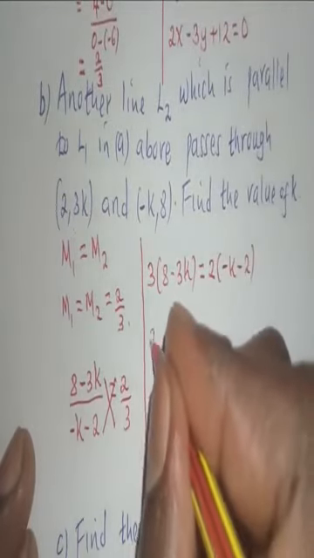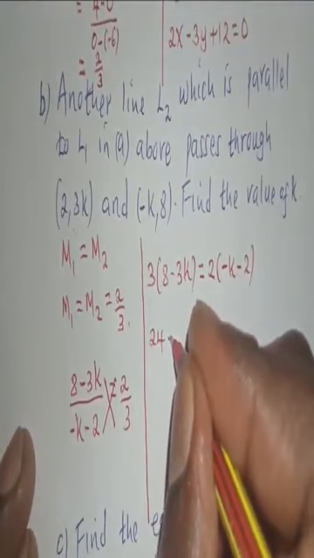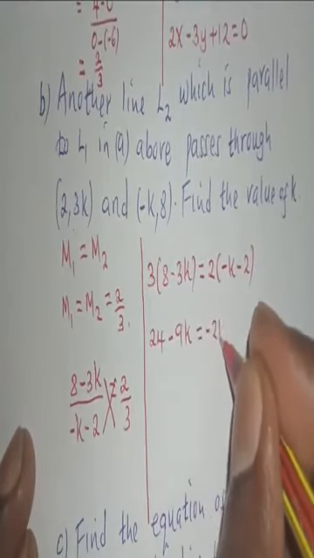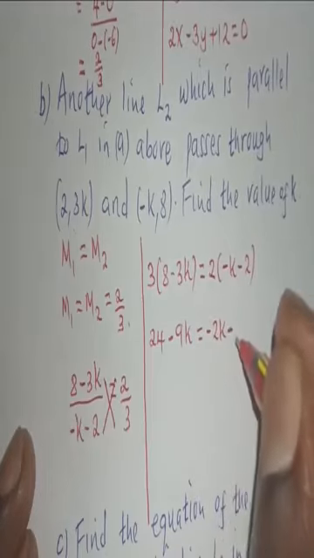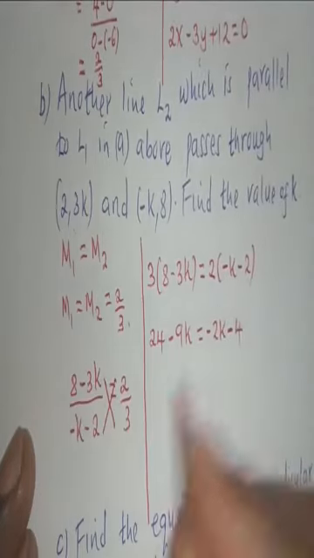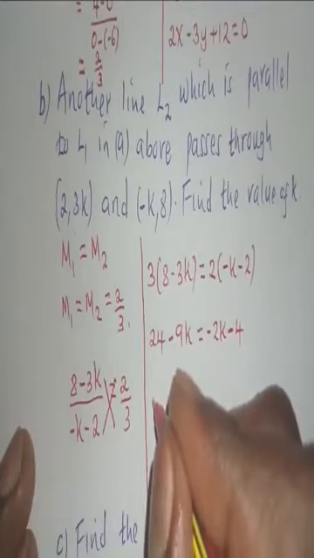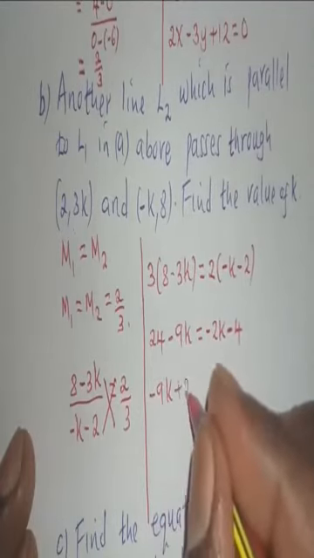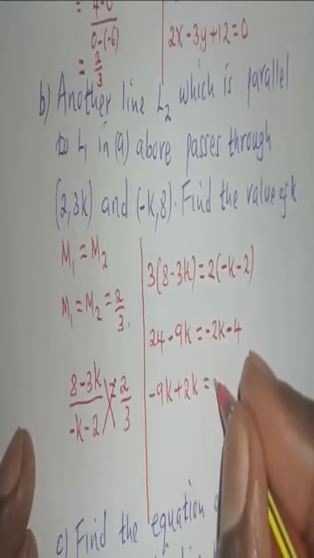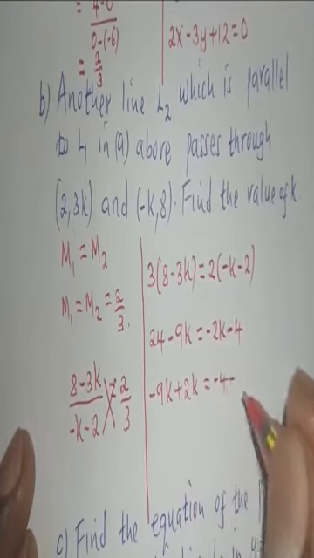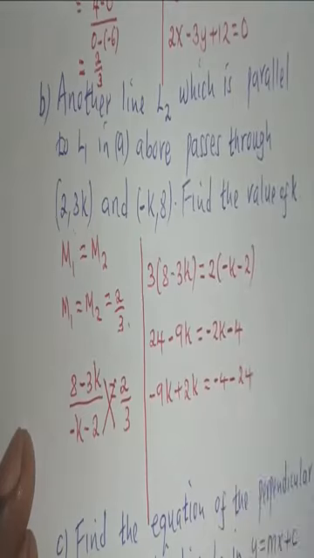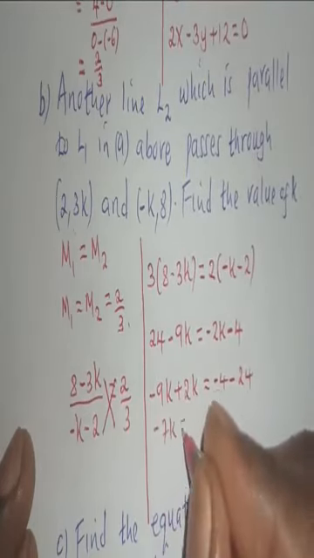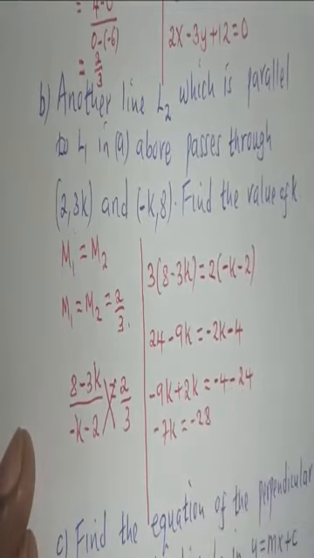So this will be 24 minus 9k equals negative 2k minus 4. So here we collect like terms: negative 9k plus 2k equals negative 4 minus 24. So here we have negative 7k equals negative 28.